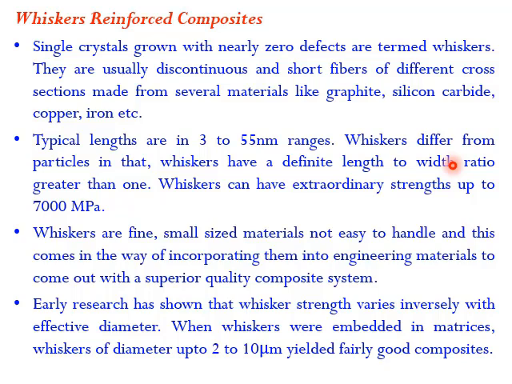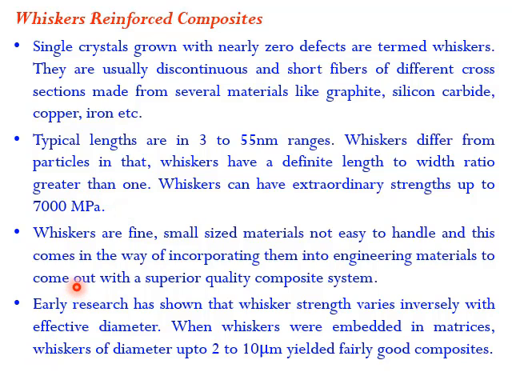Okay, so whiskers differ from particles in that whiskers have a definite length to width ratio, which is greater than 1. Okay, so whose tensile property will be extraordinarily high, more than 7000 MPa.